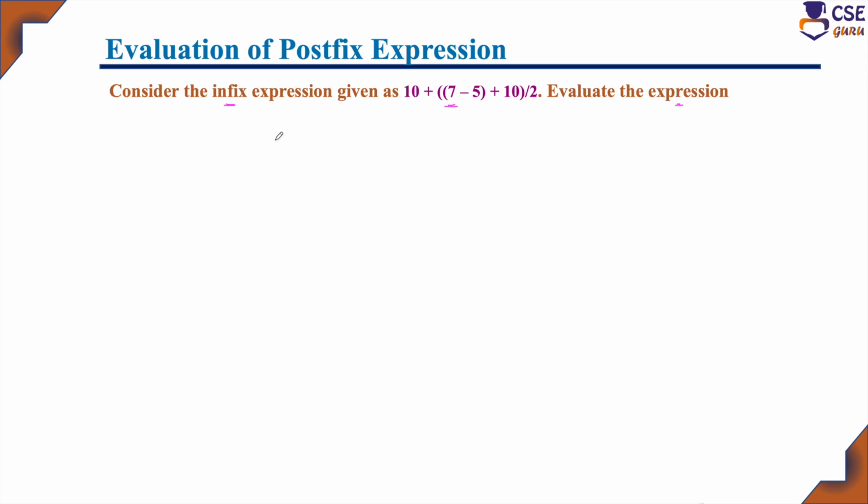The given expression is 10 plus 2 open parenthesis, 7 minus 5 close parenthesis plus 10 again close parenthesis divided by 2. For the conversion of infix to postfix expression, we need to know the precedence rule. Considering the precedence rule, bracket has the first preference.